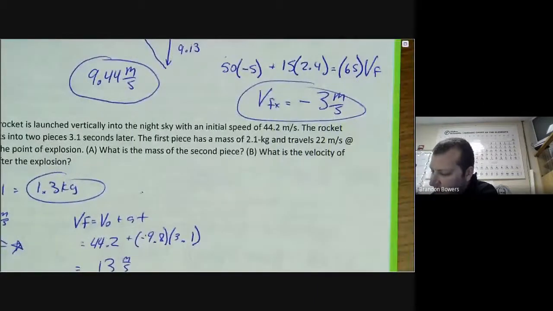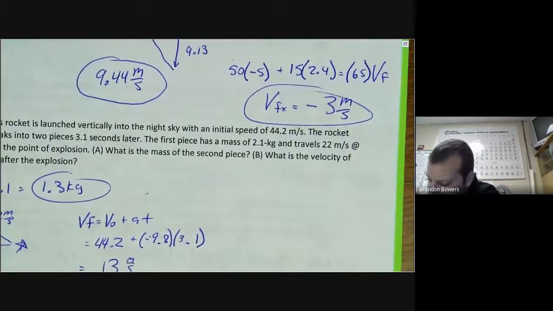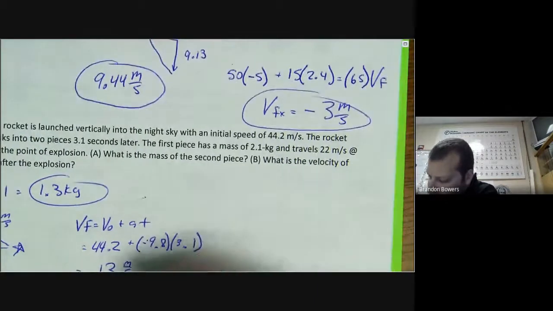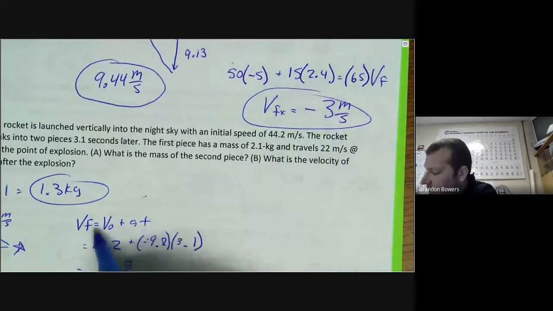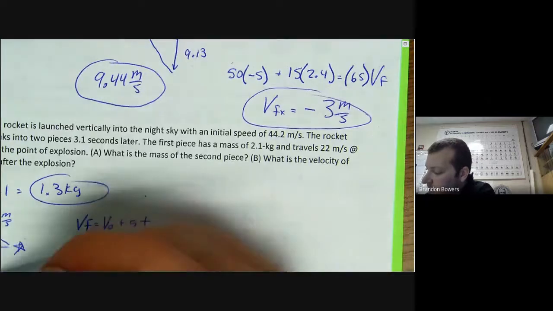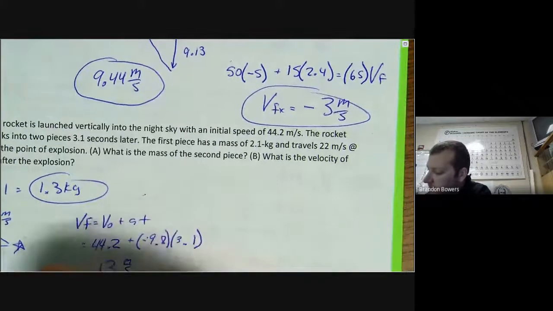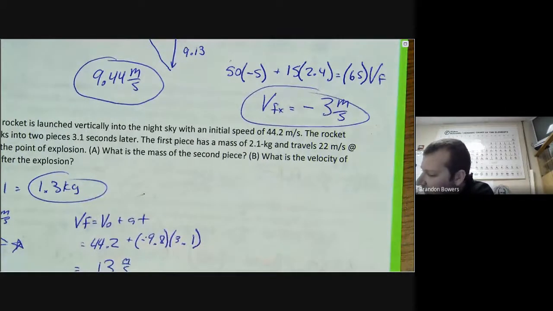What is the velocity after the explosion? This was my initial, well, velocity final. This was the firework going up. Our goal is to solve for the final velocity of the second piece after the explosion.